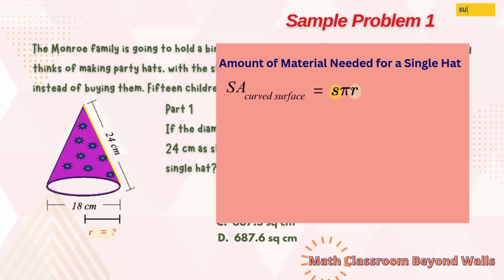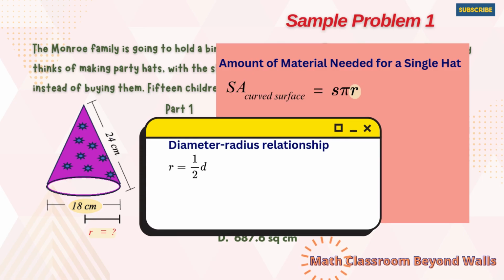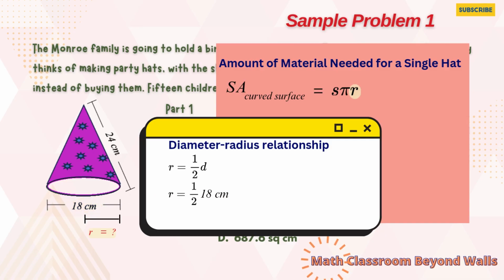So we will then get the radius first. We can get it from the given diameter. Remember that the radius is 1/2 the diameter. Now plugging in the values, we have dividing 18 centimeters by 2 gives us 9 centimeters. Thus, the radius, R, is 9 centimeters.